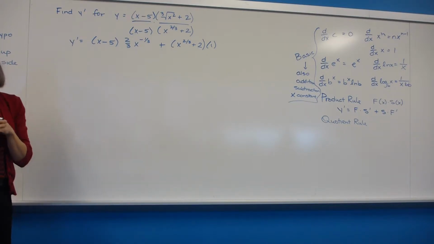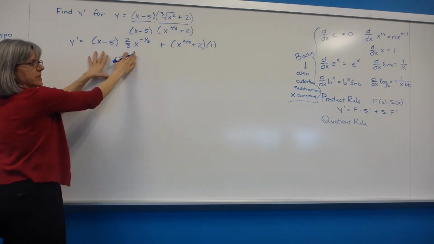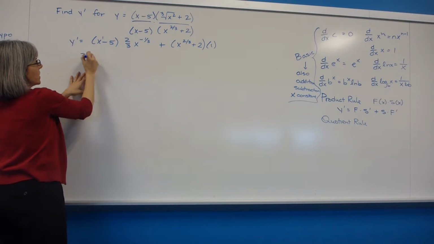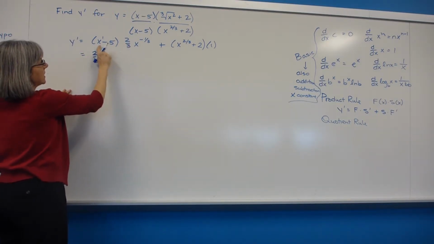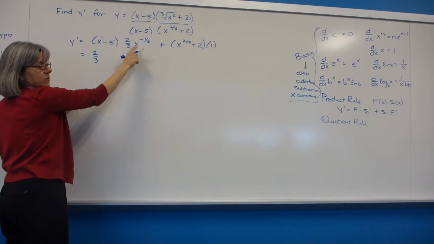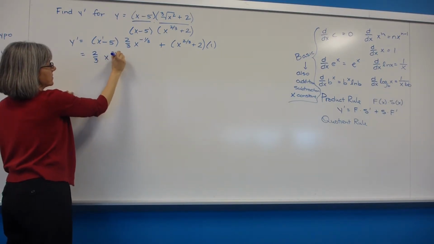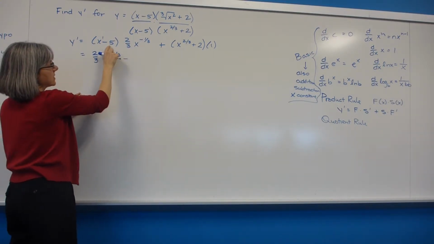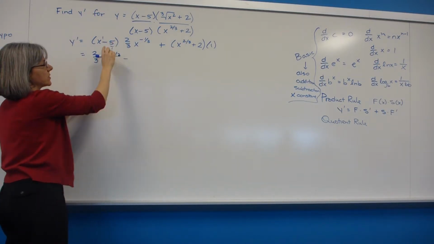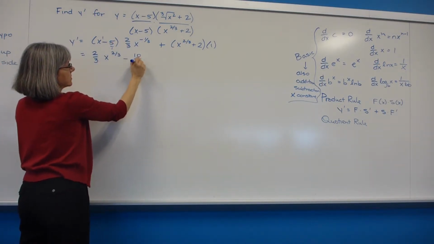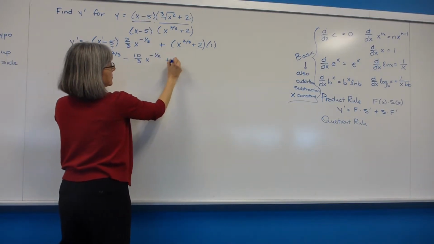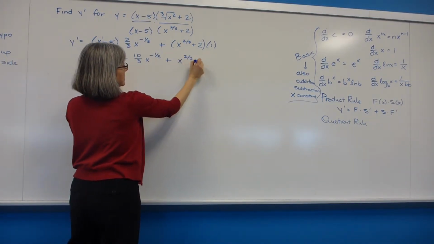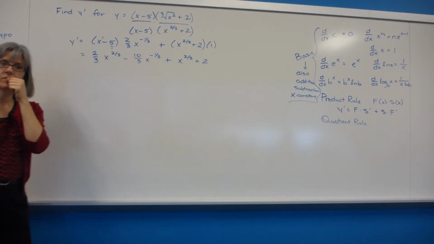Okay, so let's clean this up. Yes, we need to multiply this out. This is x to the 1, so remember we're just adding exponents, so I'm going to have a 2/3 x to the 1 times x to the negative 1/3, which would be x to the 2/3, minus, it's like 5/1, so 10/3 x to the minus 1/3, plus x to the 2/3 plus 2.